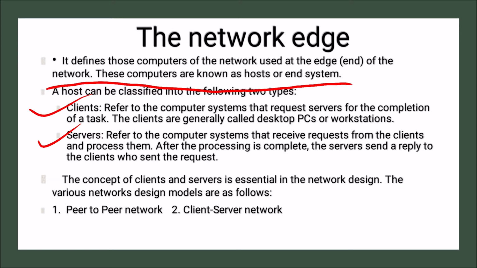System B is the server for the completion of the task. And the clients are generally called desktop PCs or workstations. So the basic thing is the client requests something from the server.